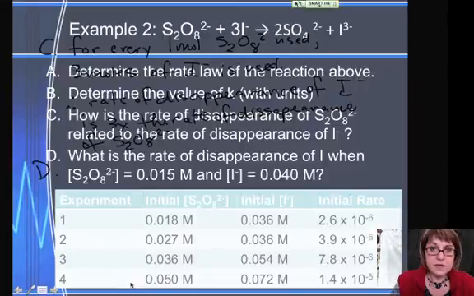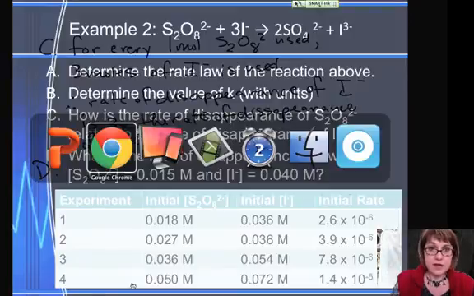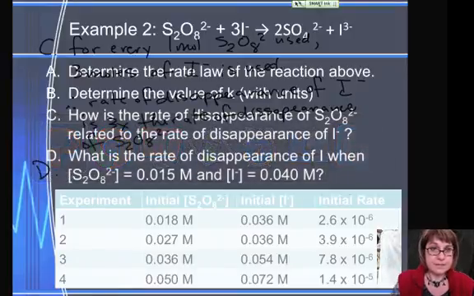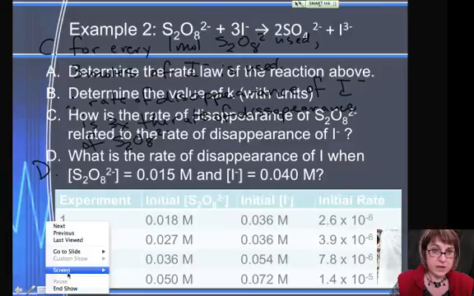Part D says, what is the rate of disappearance of iodide when thiosulfate concentration is 0.015 molar and iodide concentration is 0.040 molar? So we don't have that information in our data table, but we do have a rate law that allows us to calculate exactly what it's going to be. So let me get back to my white screen and we'll do this math.